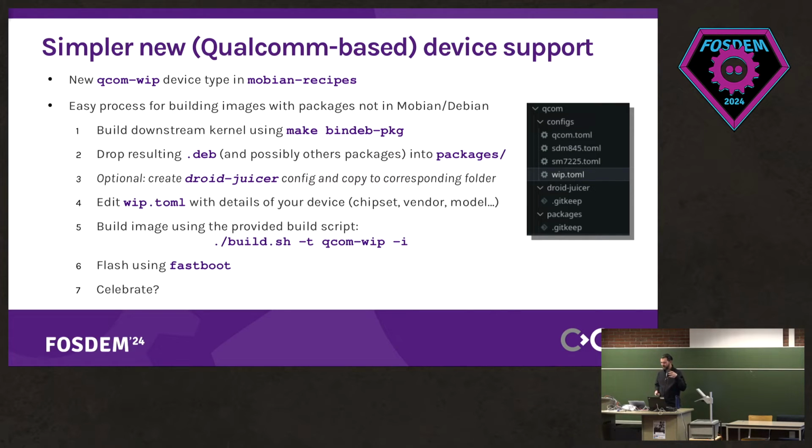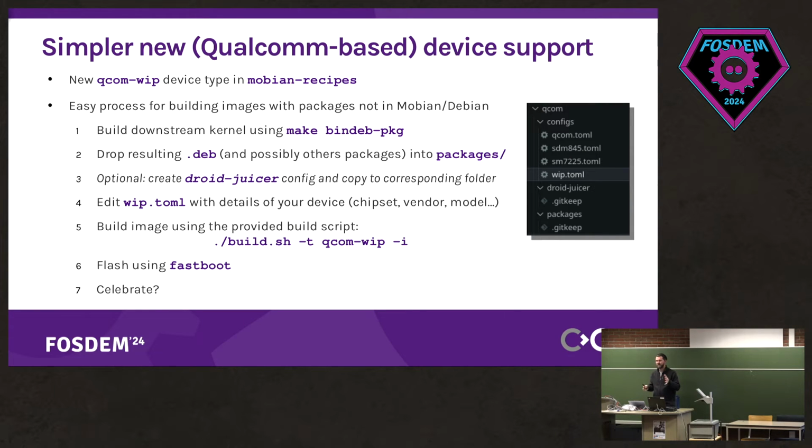We created a new target for this build script and build recipes, basically, which is qualcomm-wip. It's a kind of a dummy device. But the thing is, you can separately build, or rather cross-compile, your downstream kernel using the bindeb-pkg make target, which is supported by the upstream Linux.